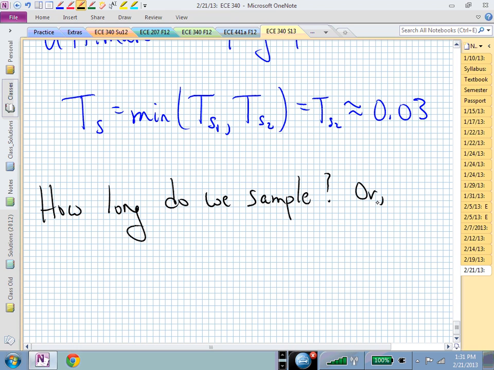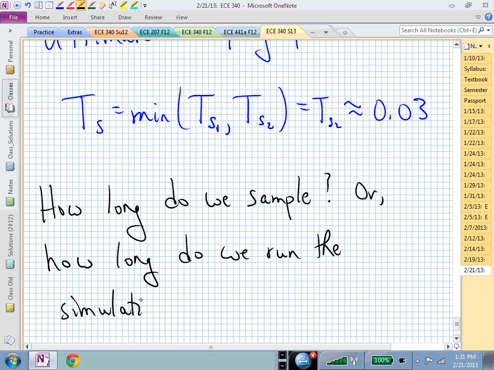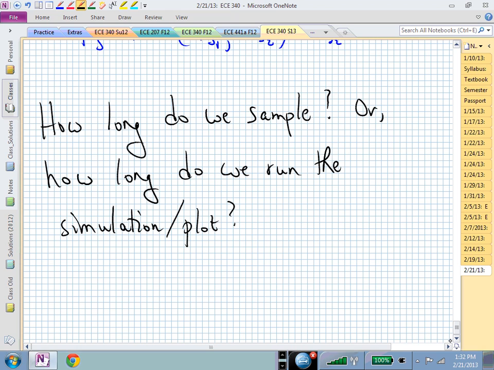Or how long do we run the simulation or the plot? So now we need 5 tau, don't we? But which tau? We have so many taus, don't we?